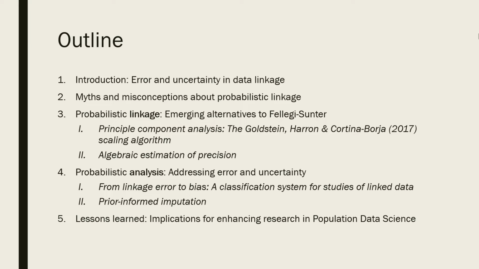That's the linkage step, where we make comparisons between records to try to identify whether they relate to the same person or entity, and the analysis step, where we use linked data to draw inference about the world. We've got a couple of ideas for how we think we might be able to do better in each of these steps in the linkage process, and then we'll finish by reviewing some of the main lessons that we've learned from this.